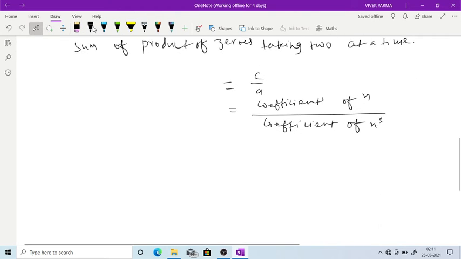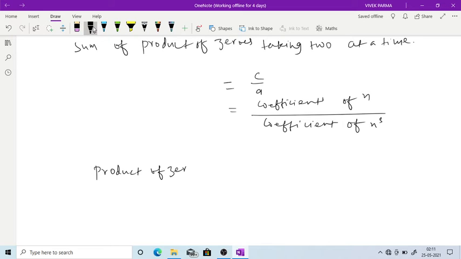And for the last, the product of zeros, alpha into beta into gamma, will be given as minus d upon a.